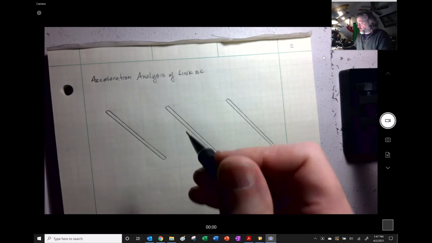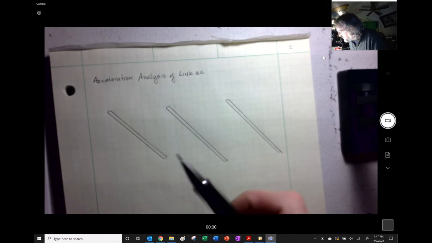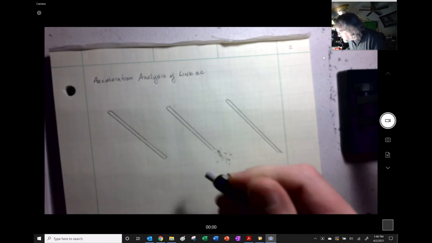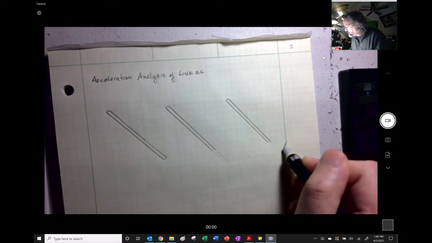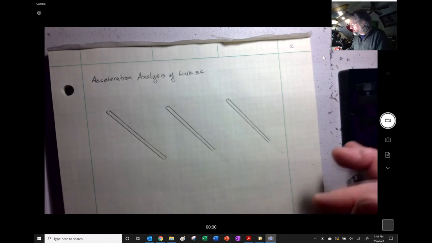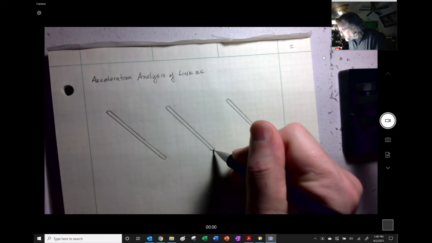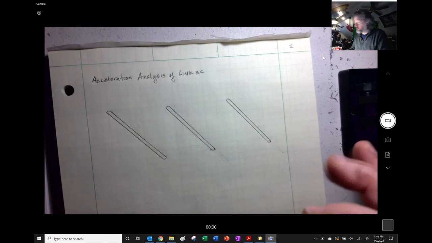Okay, don't look too terribly bad. I'll start at the same spot, so this should be all the same length, right?